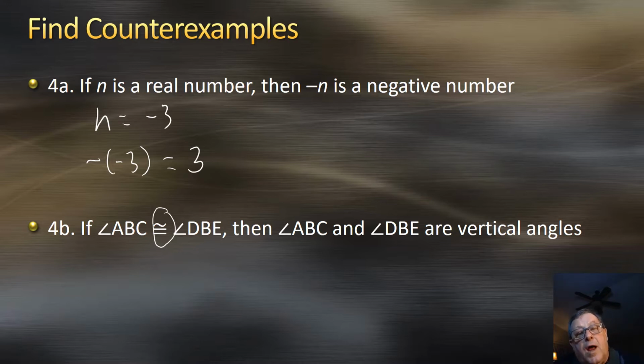Well, a vertical angle is created when two lines intersect, and therefore we've got vertical angles. These two here, as an example, would be vertical angles of those two lines or segments or rays intersecting each other. But what might be a counterexample to this conjecture?